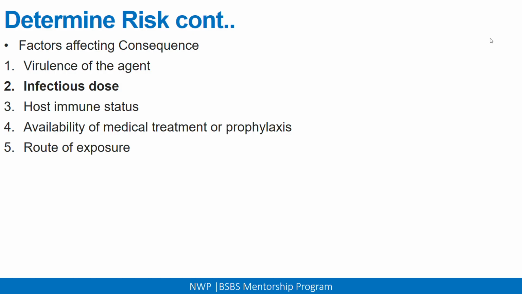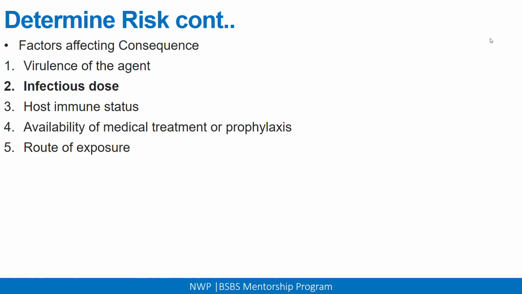Or the route of exposure itself, not just multiple. So you find that certain agents that use the inhalation route will go direct to your lungs. And if they go direct to your lungs, the lungs are a major organ. So if your lungs stop working, it means that you stop breathing, and therefore if you stop breathing, you die.